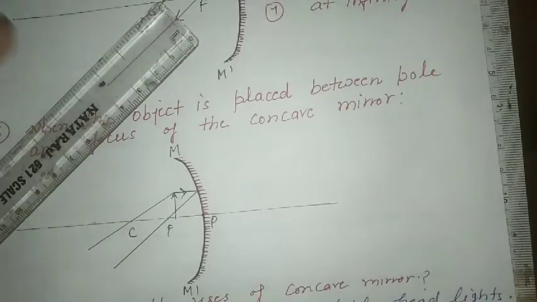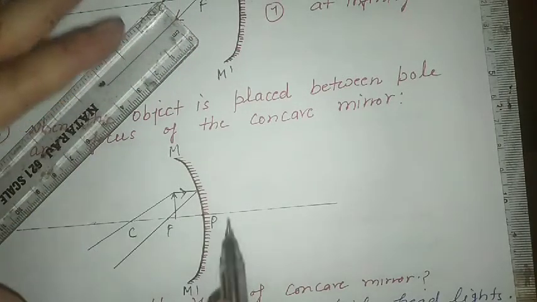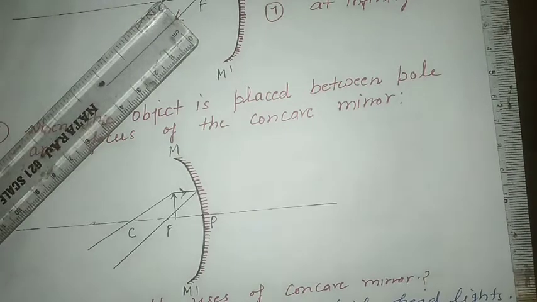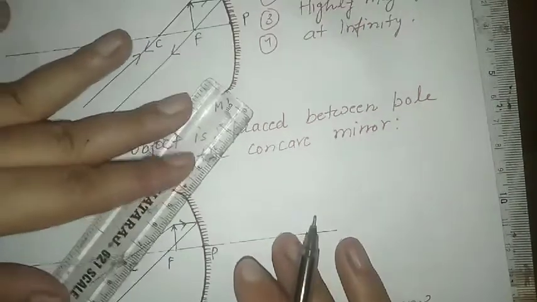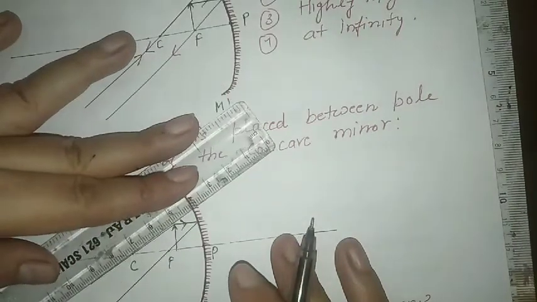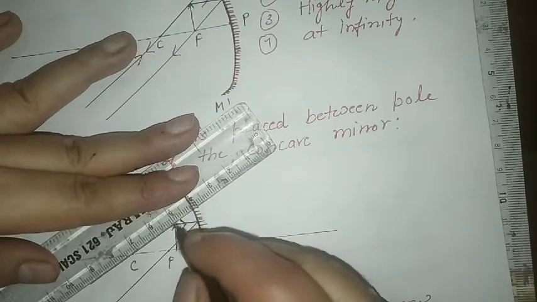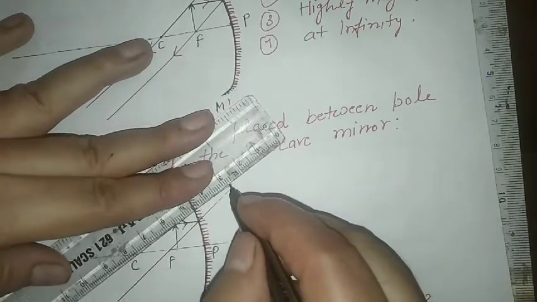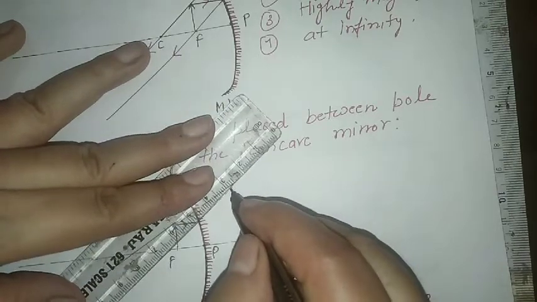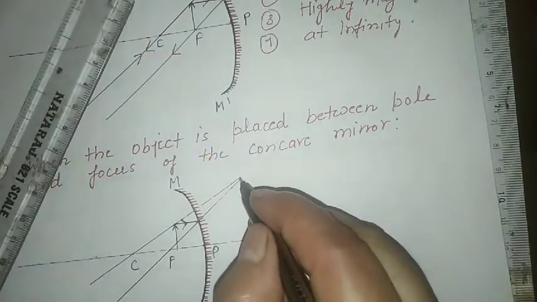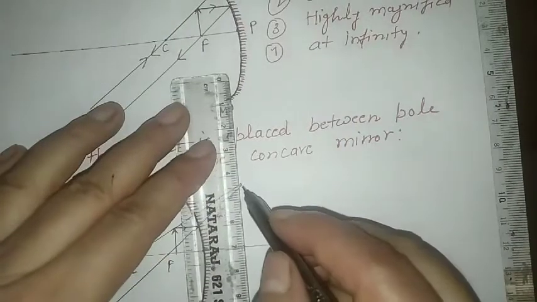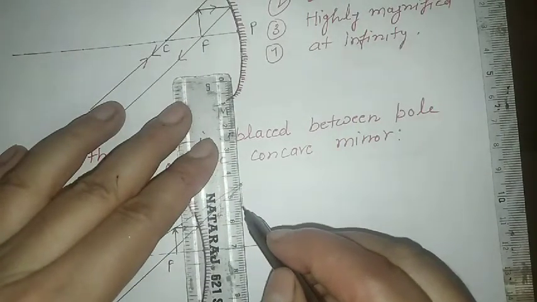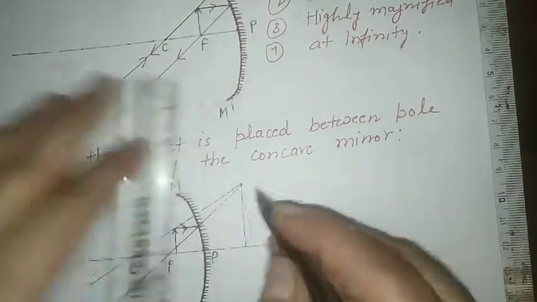It means when they go to infinity, they will have more gap. So what we will do, we will try to join them at the back of the mirror, like this. So it means that an imaginary image is formed.